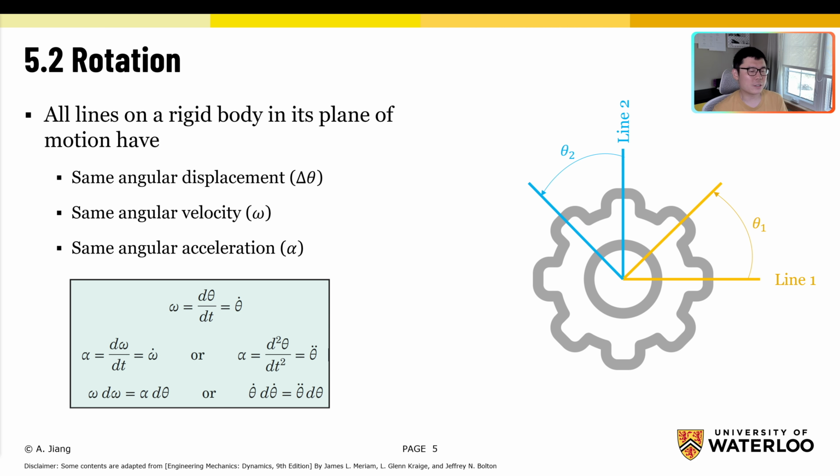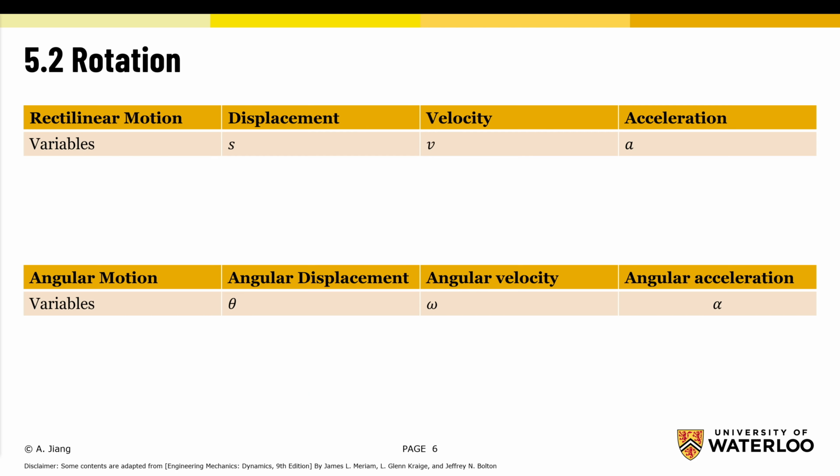If these equations are a bit overwhelming at the beginning right now, let me help you with some tips on the next page. Angular motion has many similarities to rectilinear motion from the equation perspective. We'll start with looking at the velocity here. For linear motion, velocity is ds over dt, and for angular velocity, that is d theta over dt.